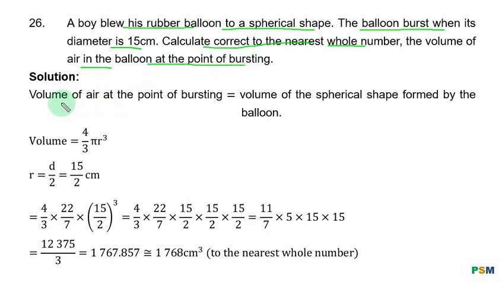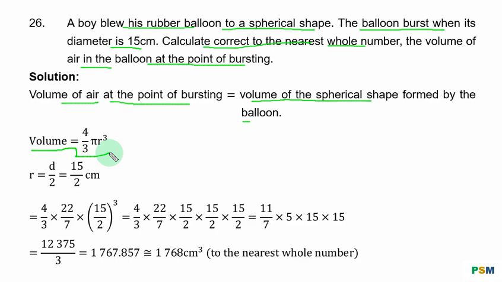Solution: volume of air at the point of bursting is equal to volume of the spherical shape formed by the balloon. Volume of sphere is given by this formula.